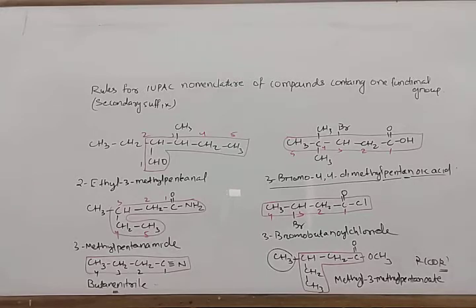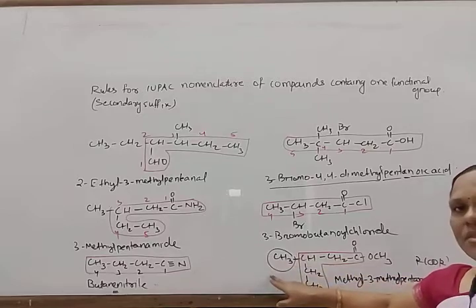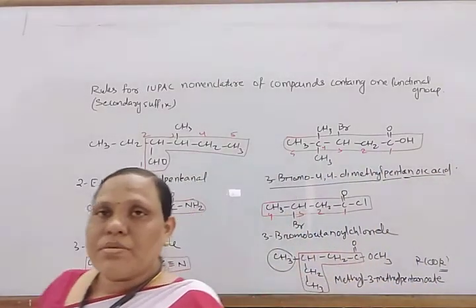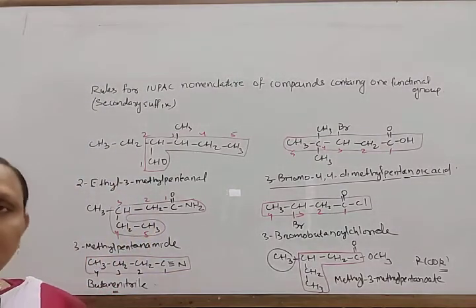Methyl 3-methyl pentanoate. So name of this compound is methyl 3-methyl pentanoate. So this methyl is for this alkyl group, and this is for this substituent group. So in this way you have to name if an organic compound contains one functional group.